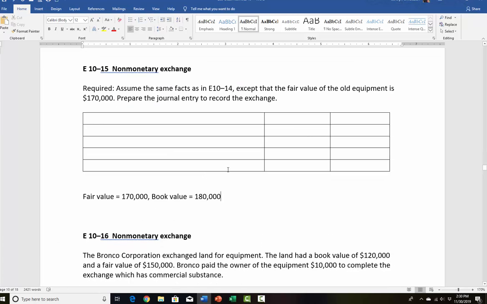So what do we have? We have a loss. Loss on sale is equal to $10,000.